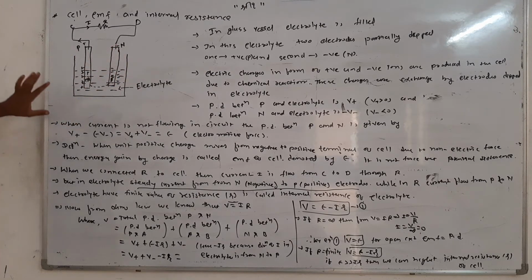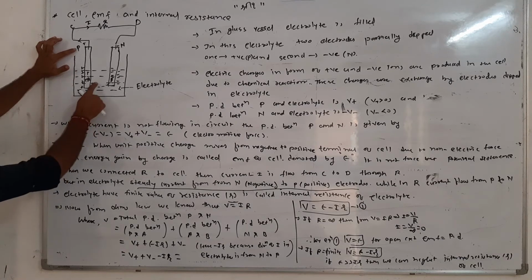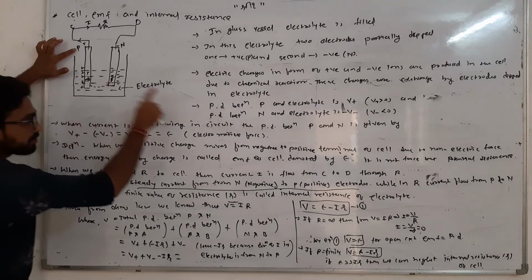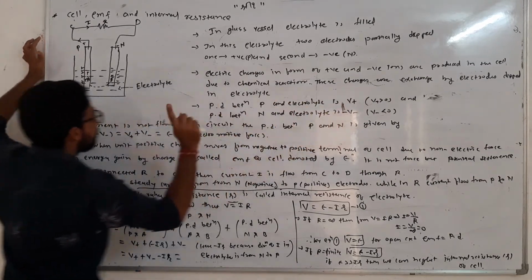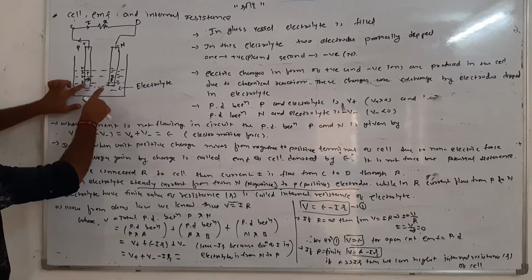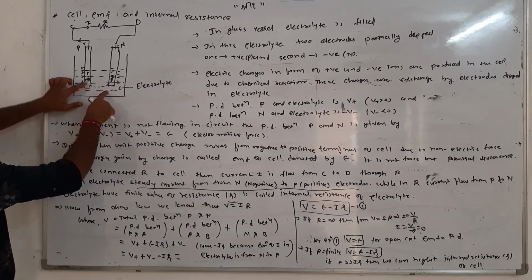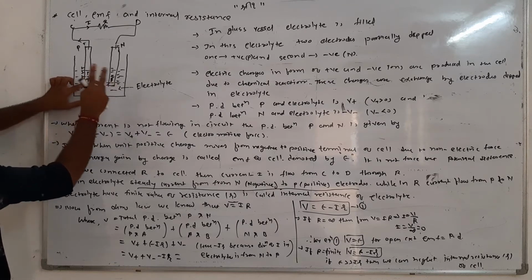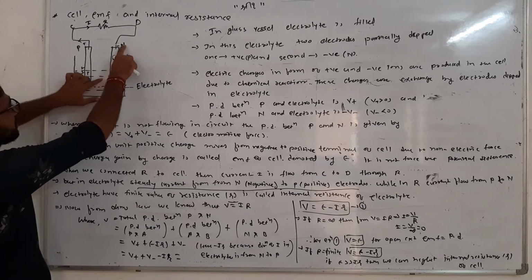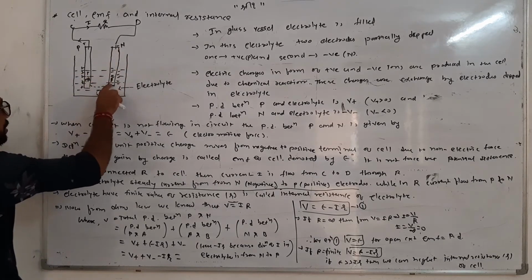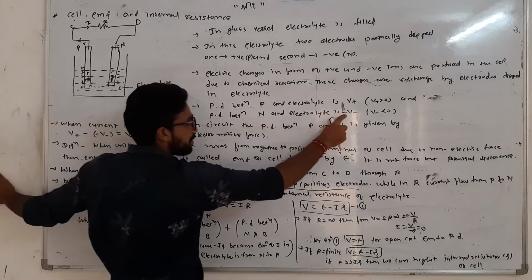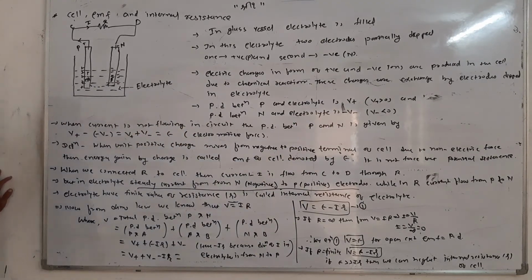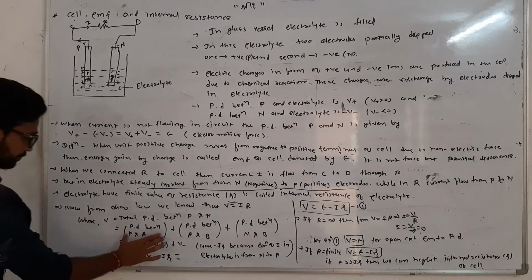So that is given by the summation of the potential difference between the positive electrode and the electrolyte, that is our V plus value, plus the potential difference inside the electrolyte, that means between points A and B, and third, the potential difference between the negative electrode and the electrolyte, that is our minus V. So that is the summation.